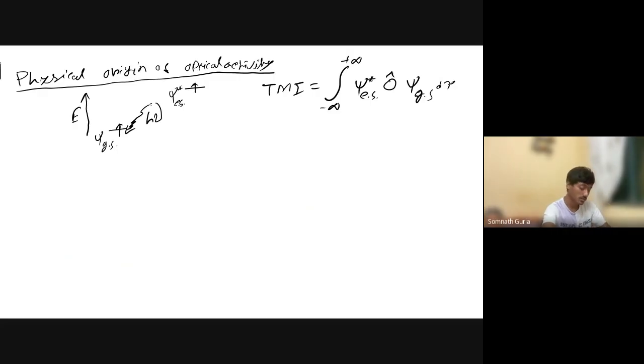So this is the transition moment integral, and this is the electrical transition. Let's suppose only absorbance is happening over here. Then this operator is the dipole moment operator, for when only absorbance is happening.